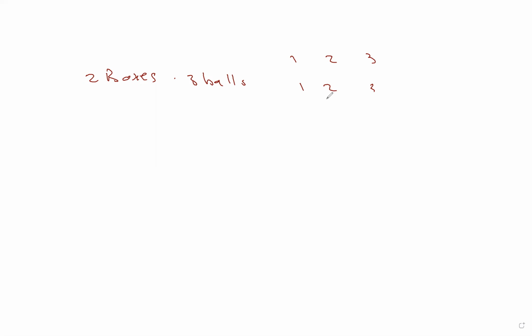A ball is drawn randomly from each box, and the random variable here, xi, is defined as the product of the two balls, okay? From the first box, the ball numbered 1, and from the second box, the ball numbered 1.